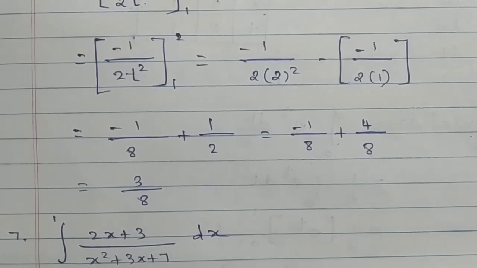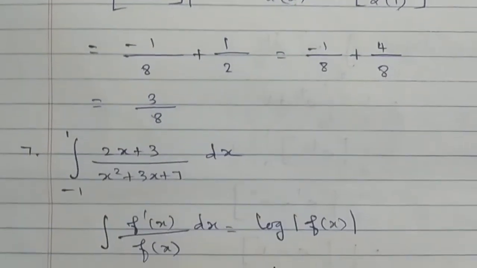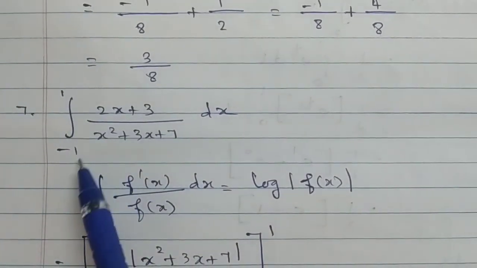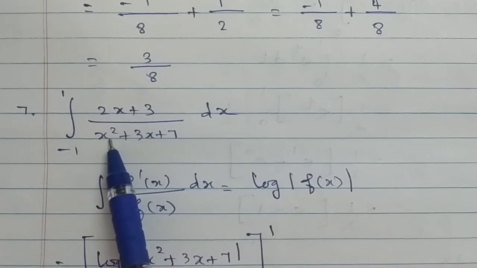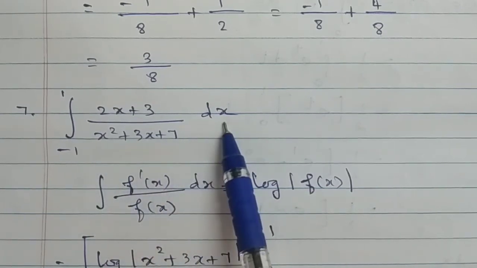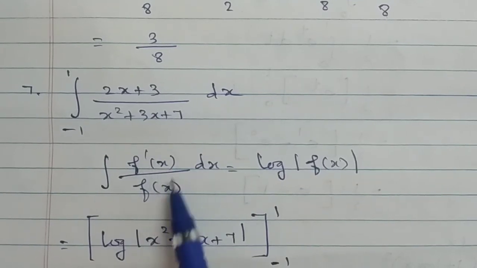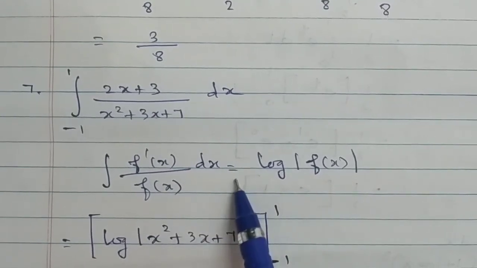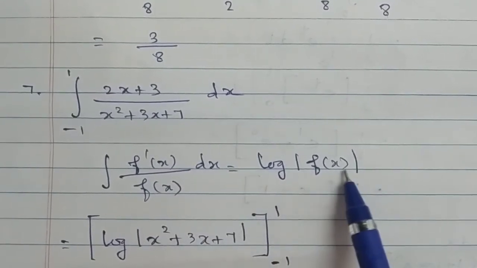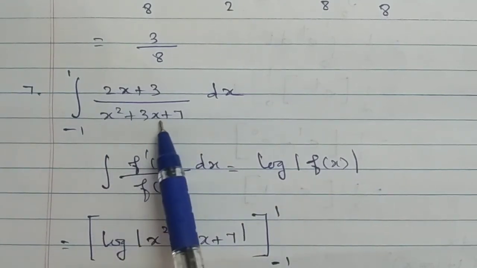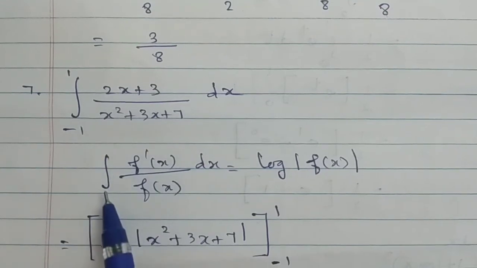3 by 8. Next, question number 7: integral from minus 1 to 1 of 2x plus 3 over x square plus 3x plus 7 into dx. It is in the form of the integral of f dash of x divided by f of x into dx equals log modulus of f of x. The derivative of x square is 2x, the derivative of 3x is 3.